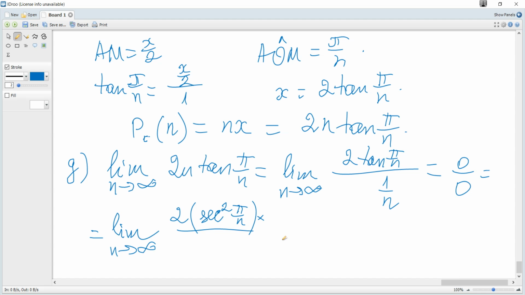Pi is a constant, and the derivative of 1 over n is n to the negative 1, which is negative 1 times n to the negative 2, so it's negative 1 over n squared.